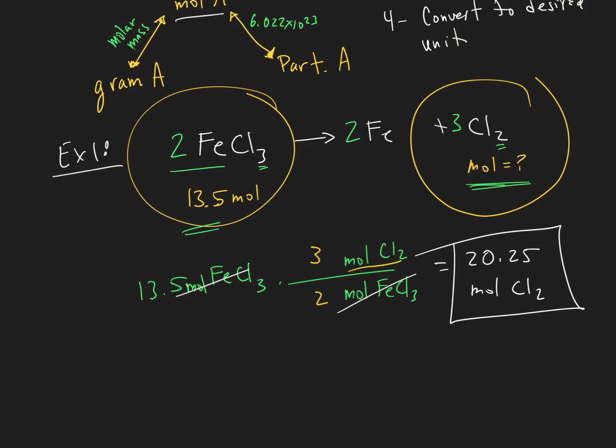Good question. Ladies and gentlemen, whenever we do mole to mole, we only use the coefficients. And we only use the coefficients for mole to mole ratio. Period. Never anywhere else. Okay? That's what we use a balanced equation for.